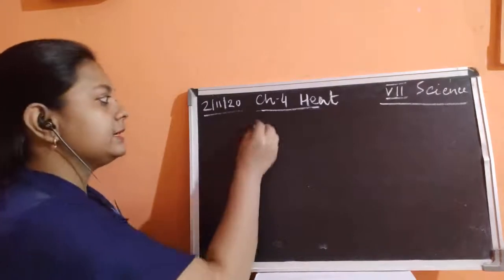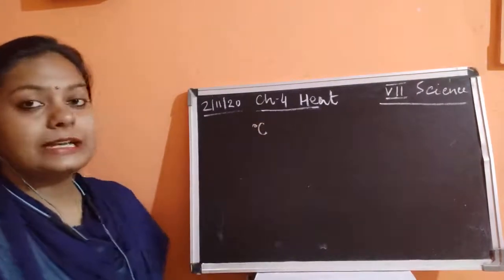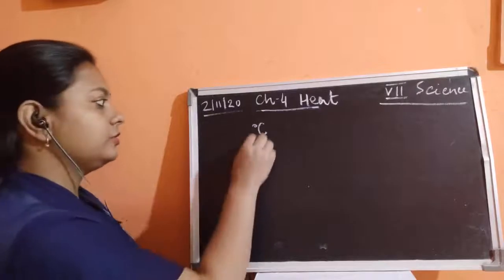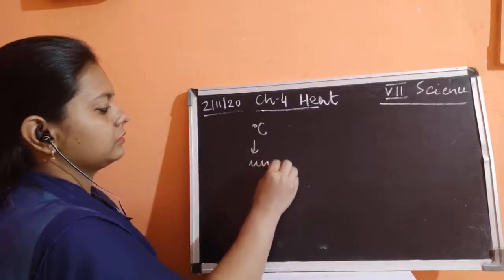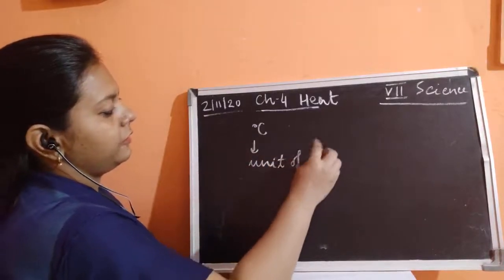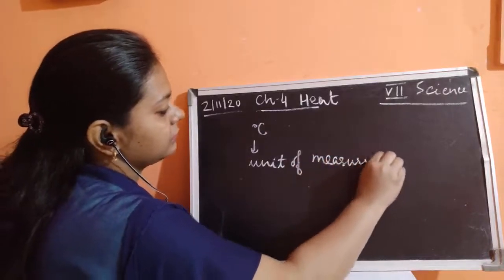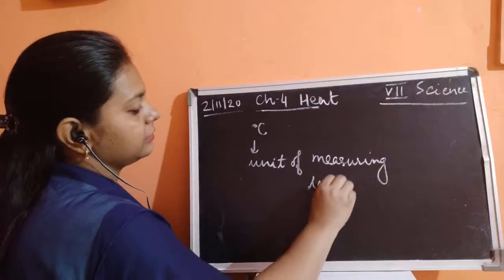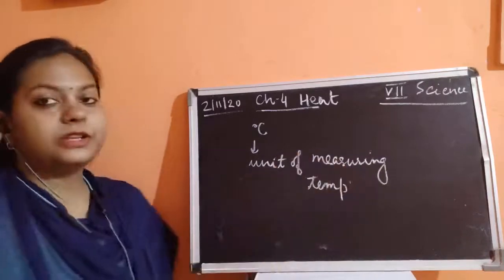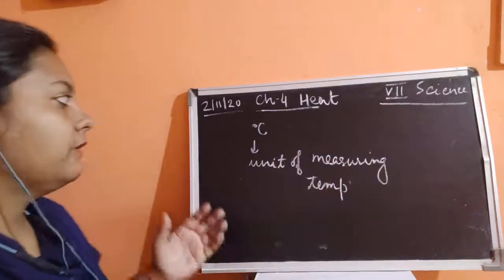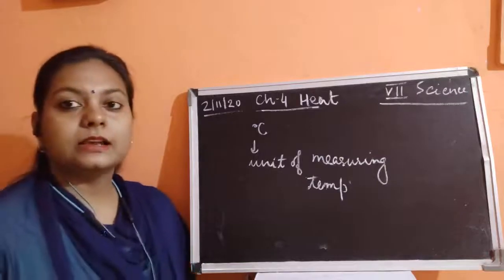Now what is this degree Celsius? This degree Celsius is the unit of measuring temperature. If we have to measure the temperature, we will use the Fahrenheit or degree Celsius scale.